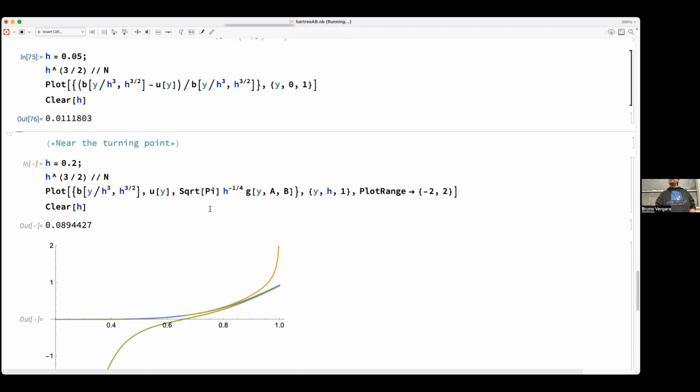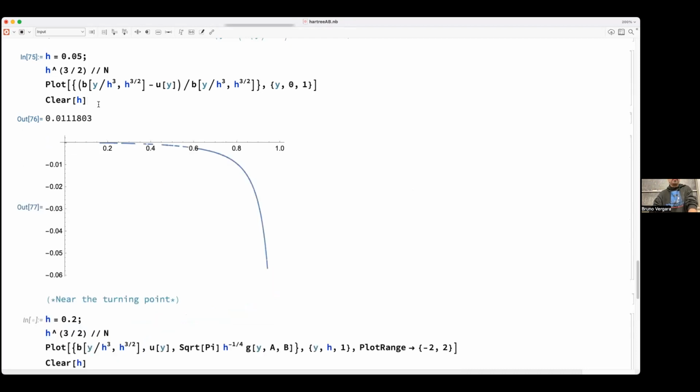Should I stop it and put h a little bit larger? Yeah, you could stop it and use 0.1 or 0.5. I just stopped it.